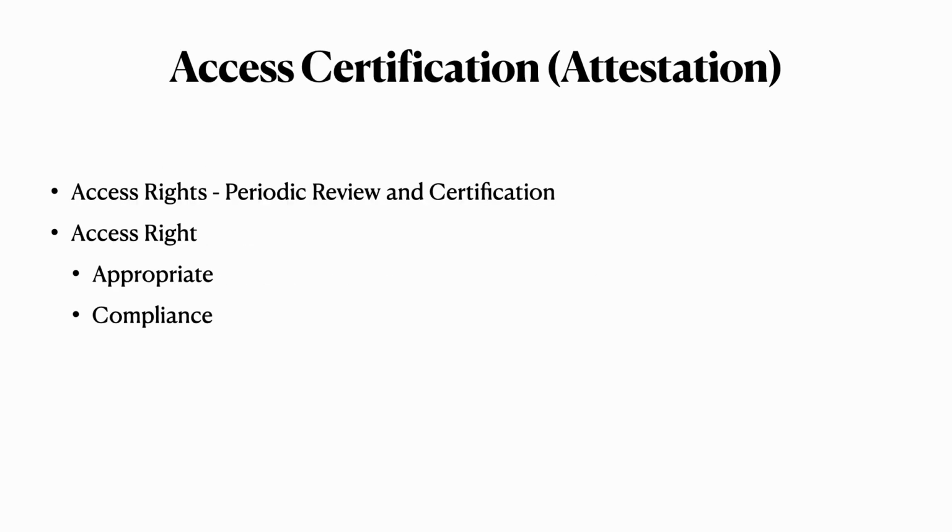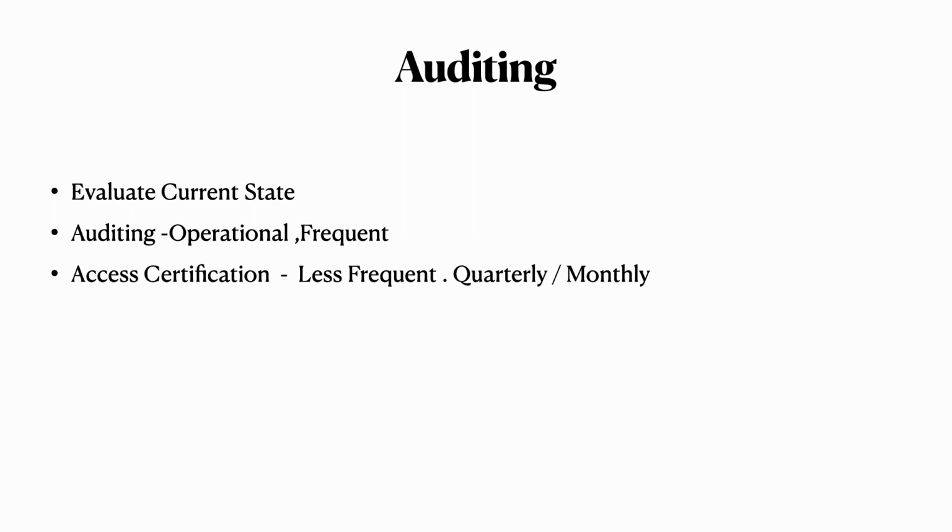The next topic in this framework is access certification, or attestation. This deals with how an organization can periodically review and certify the existing access rights, and whether those access rights are appropriate and comply with the policies established by the company. The seventh core feature in identity governance and administration is auditing.